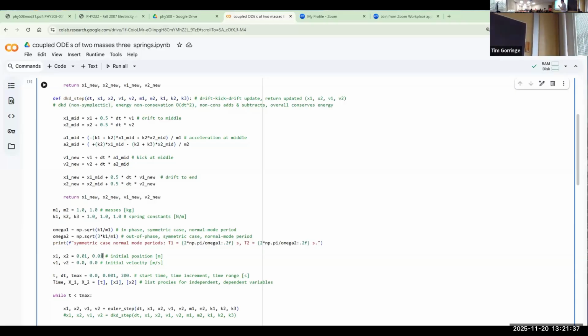So I'm releasing the masses displaced in phase with one another and with the same amplitude. This is exactly the circumstances of the lower frequency of our normal modes. In the lower frequency normal mode, the two masses are in phase with one another with the same amplitude. So here I'm starting with the conditions of being in phase with the same amplitude. Let's see what we get here.